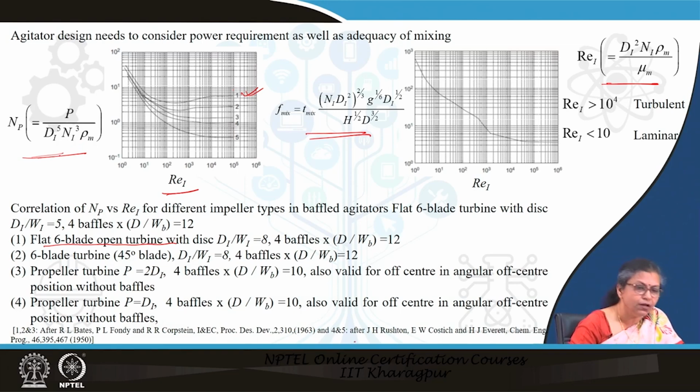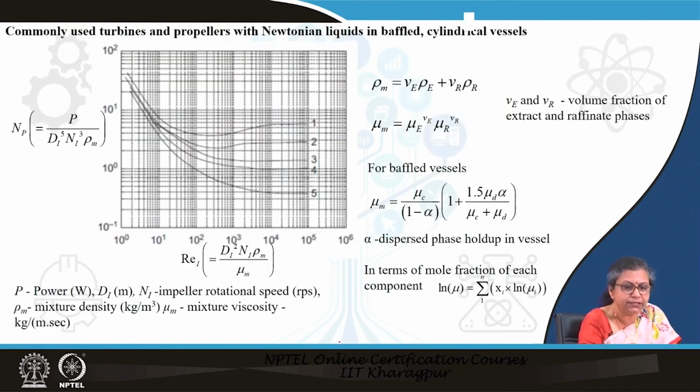So, when we are plotting this particular graph, this is applicable for a power number where power is expressed in watt, the impeller diameter in m, the impeller rotational speed, very sorry, it is not the number of blades, it is in revolutions per second, mixture density in kg per meter cube, mixture viscosity in kg per meter second. That is, this is all expressed in terms of SI units.